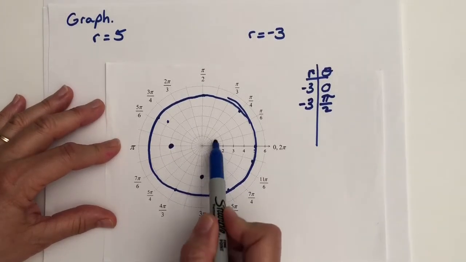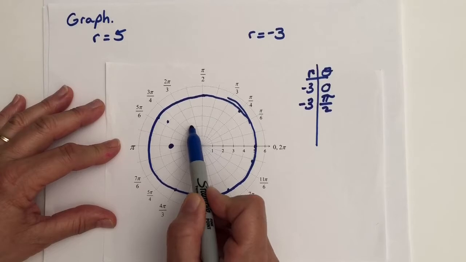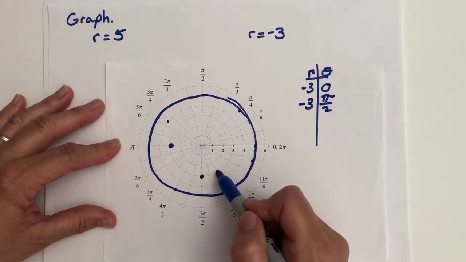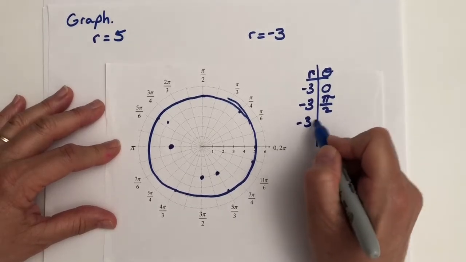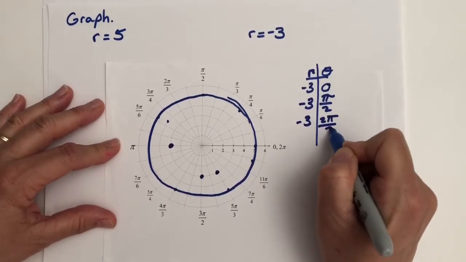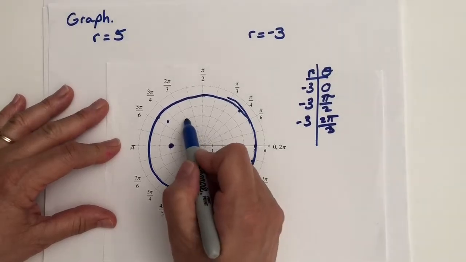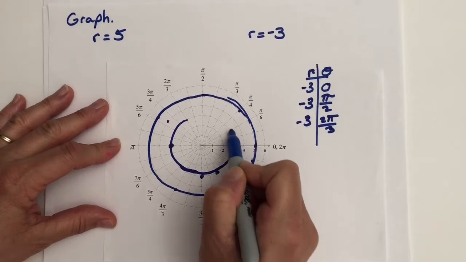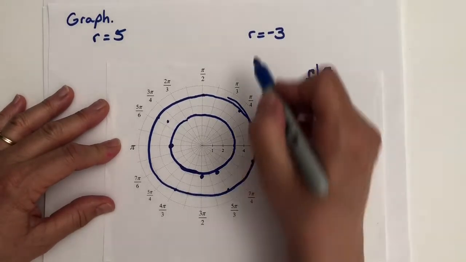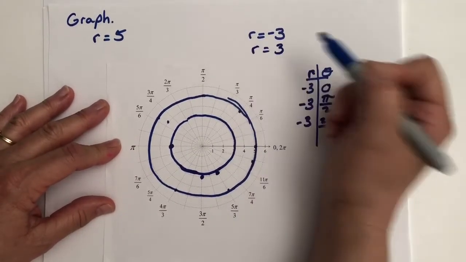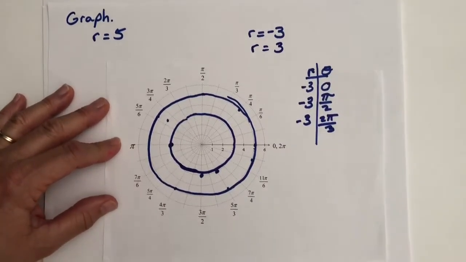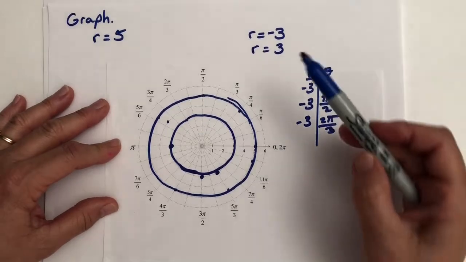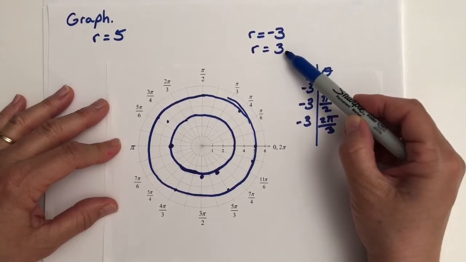Or 2 pi over 3, if I were looking at 2 pi over 3, and I went backwards 3 units, I would be here. And you'll notice you end up with this circle, which is completely equivalent to r equals +3. So r equals 3 or r equals -3 would generate the exact same graph. Typically, you would see it presented as r equals 3, though.